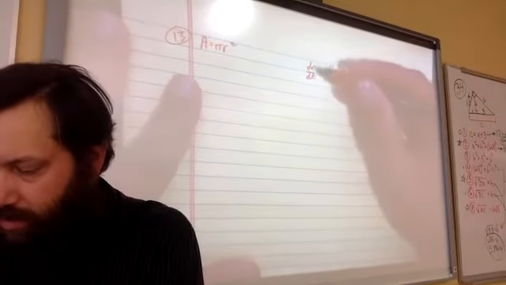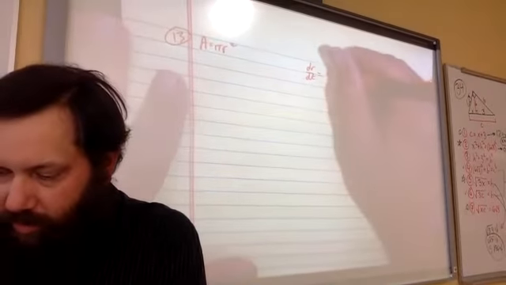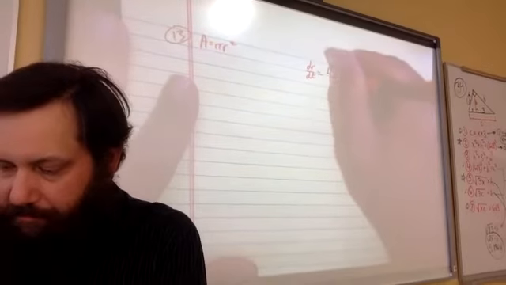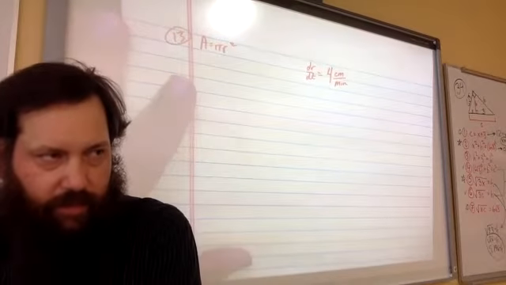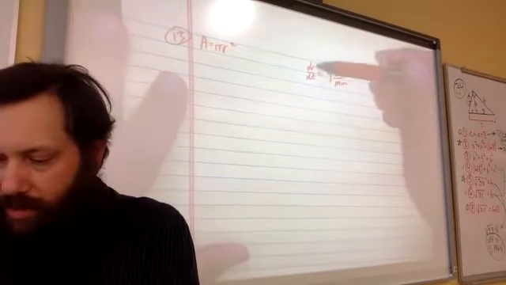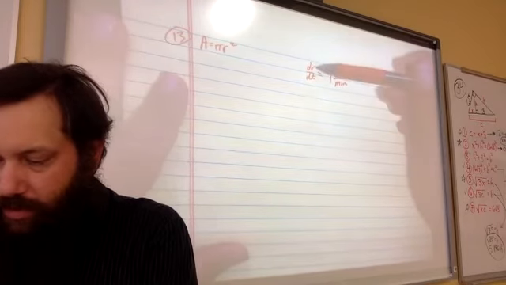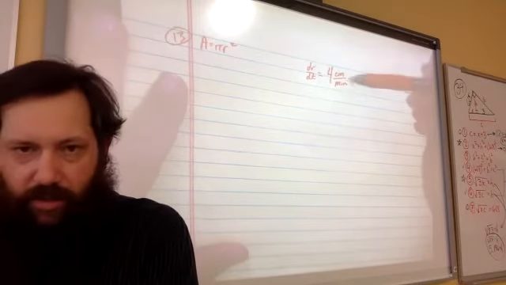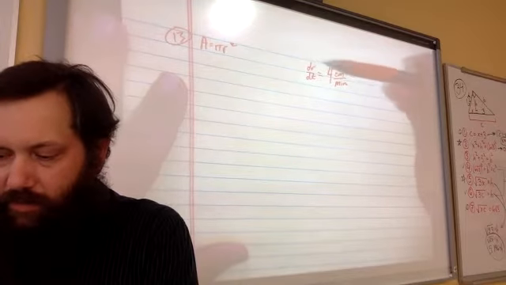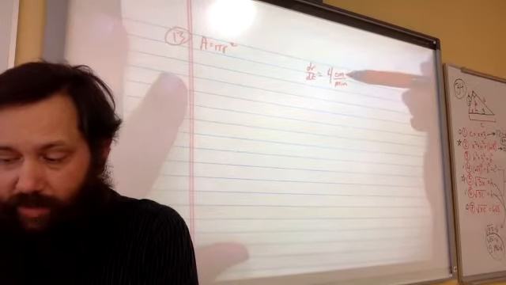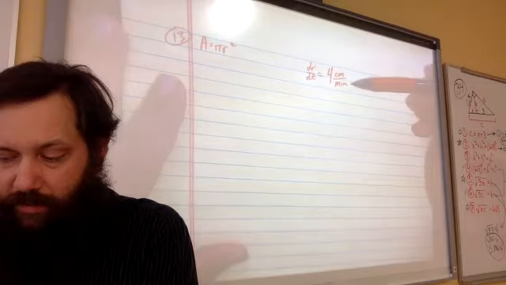How do I know it's dr/dt? Because the unit is a fraction, in terms of radius measurement in centimeters and time measurement in minutes.